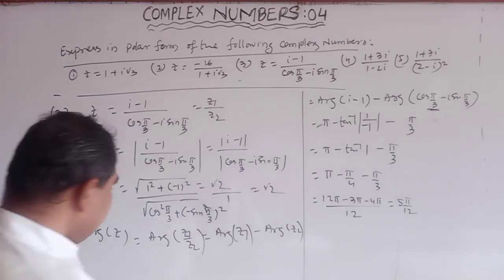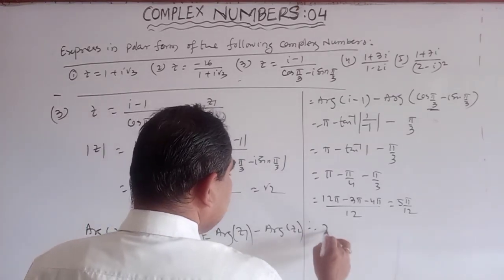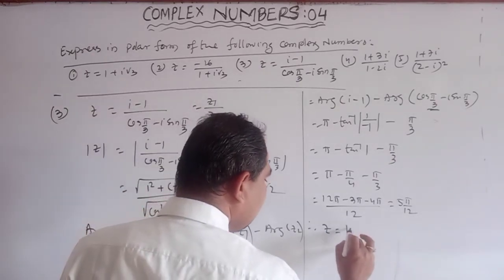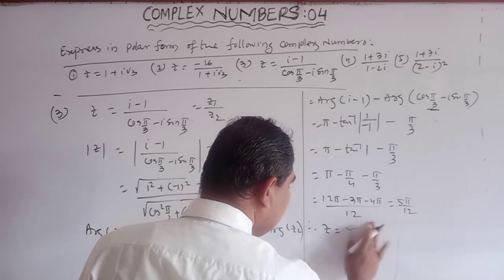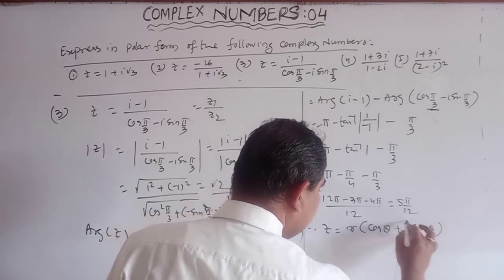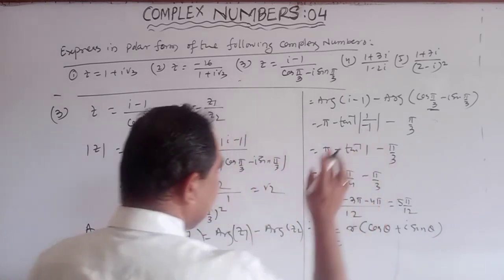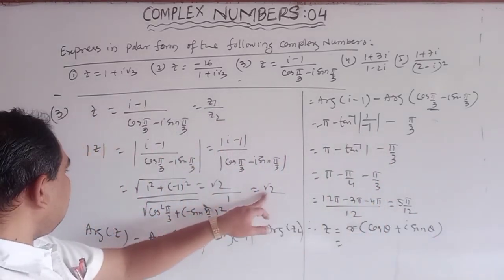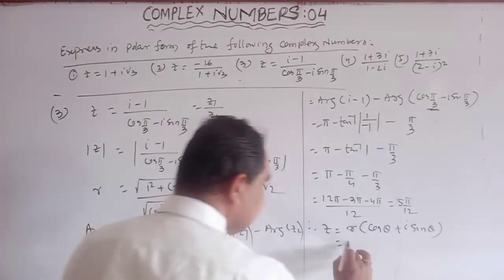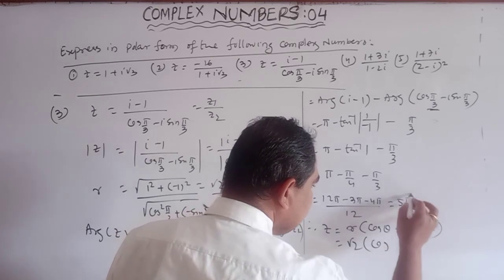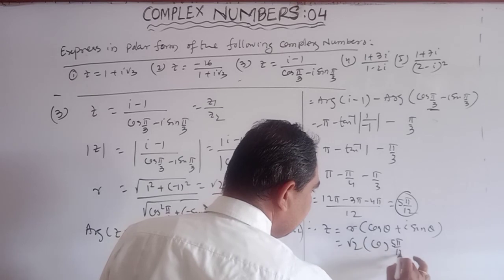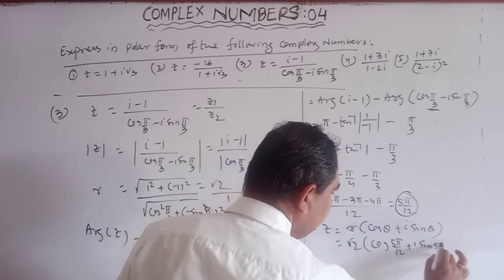Therefore z in polar form means r into cos theta plus i sin theta. R is root 2, and theta is the angle, 5 pi by 12. So root 2 into cos 5 pi by 12 plus i sin 5 pi by 12.